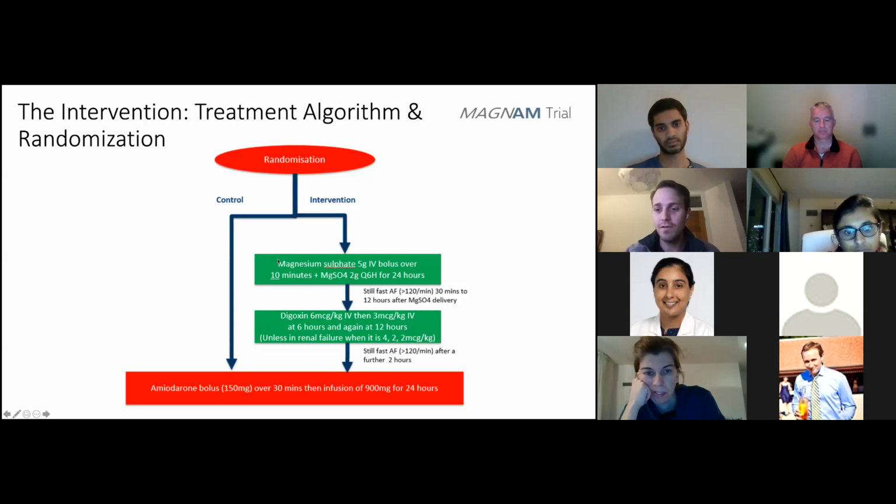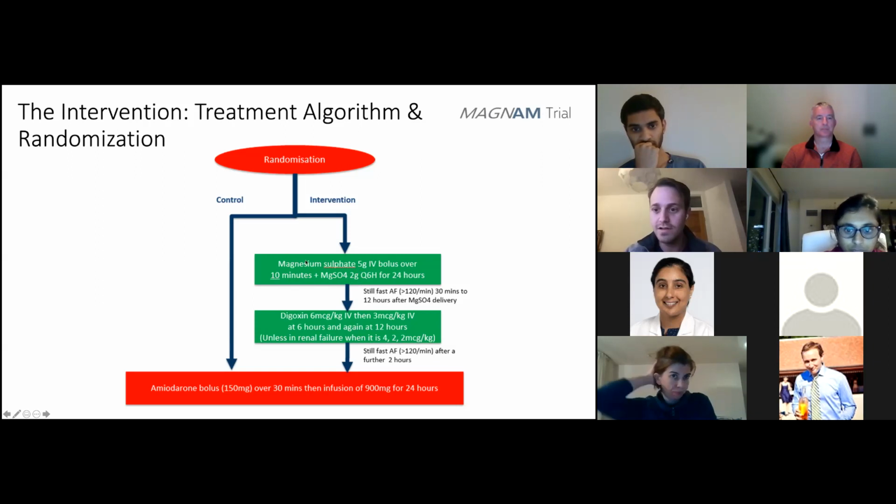After this, to maintain high levels of magnesium, every 6 hours patients would get 2 grams of magnesium for 24 hours. So this would be 5 grams at time 0, and then 6 hours later, they would get their 2 grams. Okay, so they're not getting 7 right away, just to make that clear. Those are separate time points.